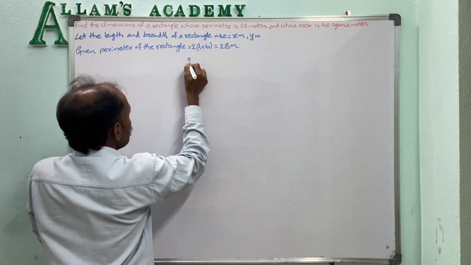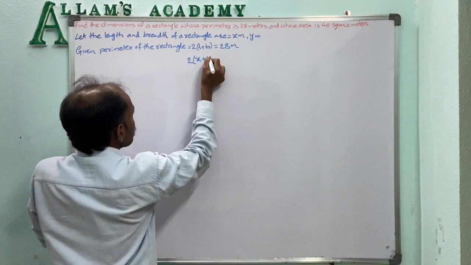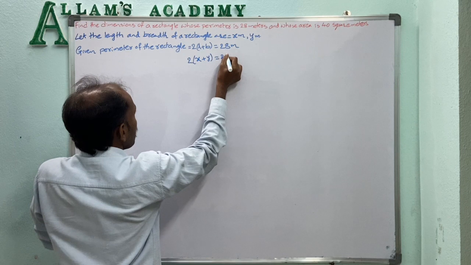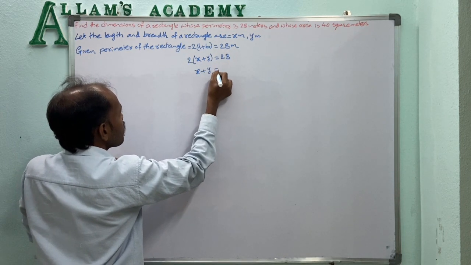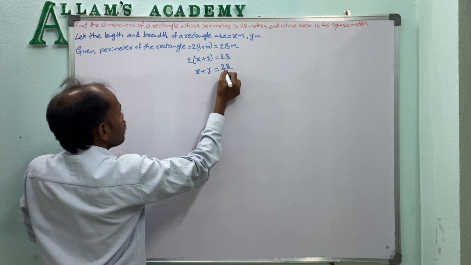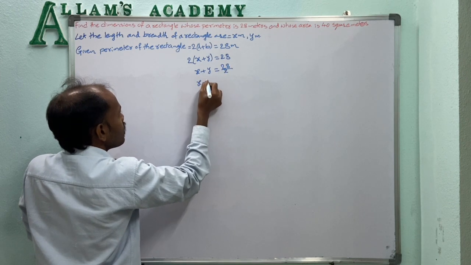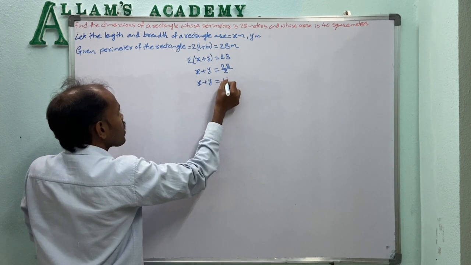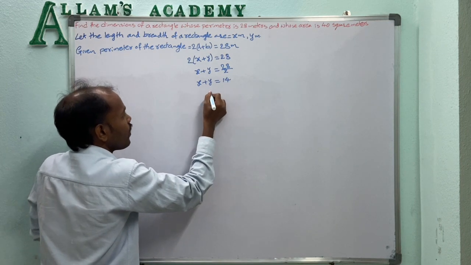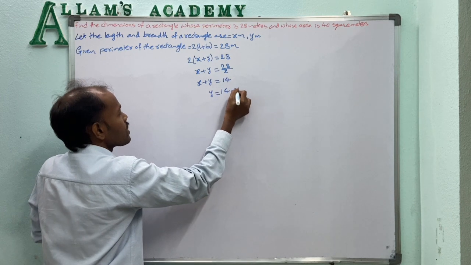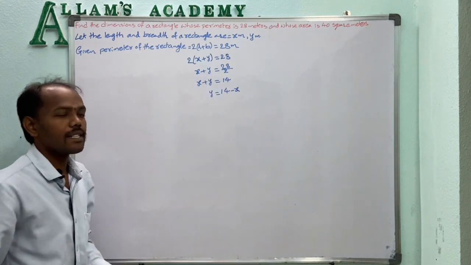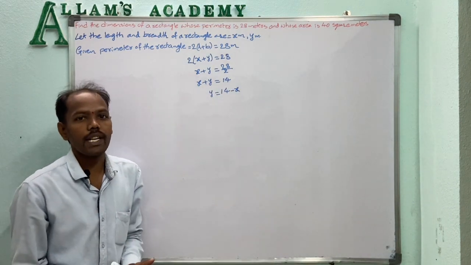So 2 into (x plus y) equal to 28. Multiplication transferred to the other side becomes division, so 28 by 2, which is 14. So x plus y equal to 14, and y equal to 14 minus x.